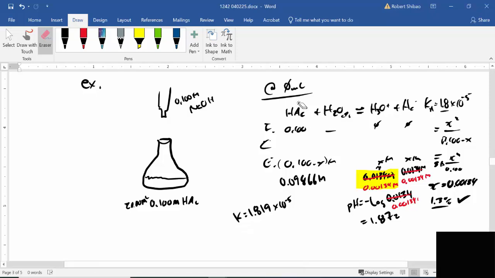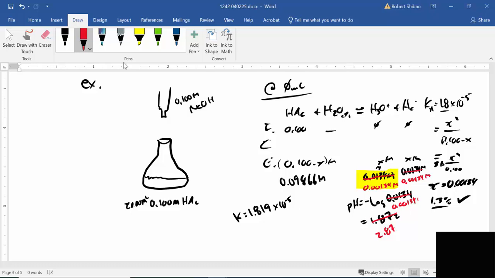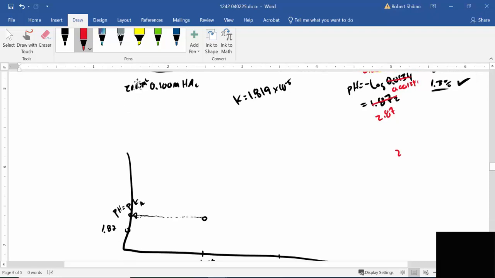It's going to be an order of magnitude off, and so it's going to be the negative log of 0.00134, which is 2.87, not 1.87. So let me correct that on my pH titration curve. The starting pH is going to be 2.87 here.